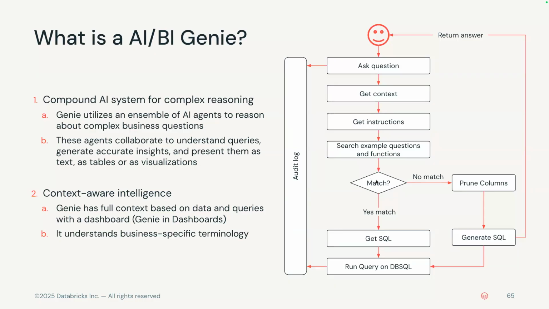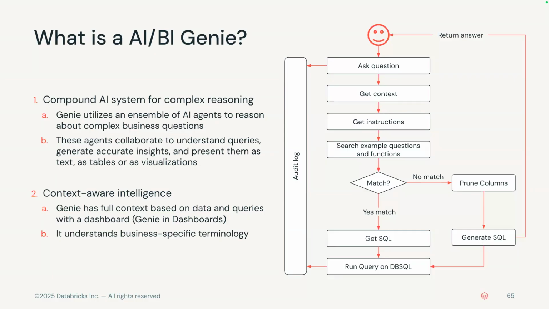If it can't find a match, if it can't generate a result enough, it will look and prune the columns, basically just filter out any additional context, generate the SQL. If it's still not confident that it can actually answer the question correctly, it'll prompt back to the user and say, I don't have enough information to answer this. Can you help me out? Or what does this term mean? What can I relate that to in your data?